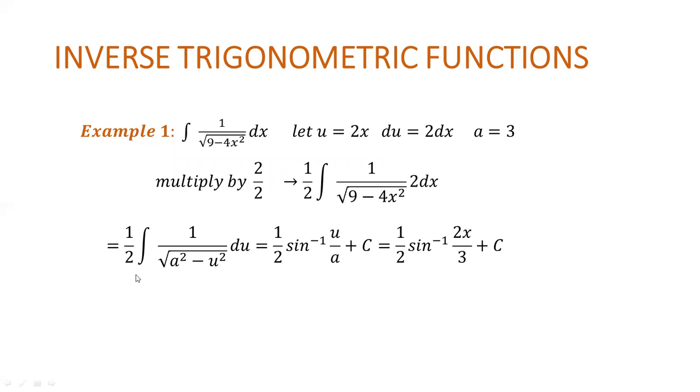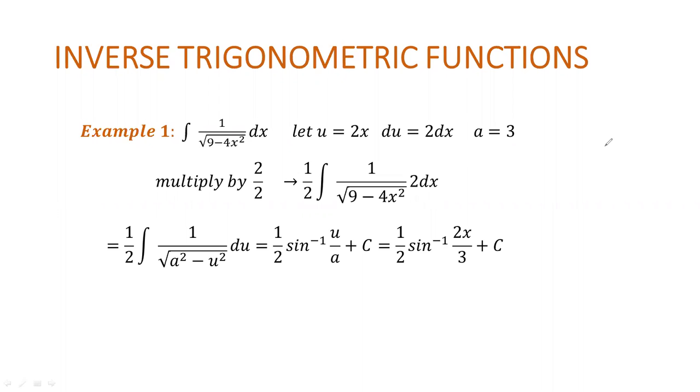Okay, so as an example of integrals yielding the inverse trigonometric function, you have here this one. So you have 1 all over the square root of 9 minus 4x squared. We'll make this bigger.